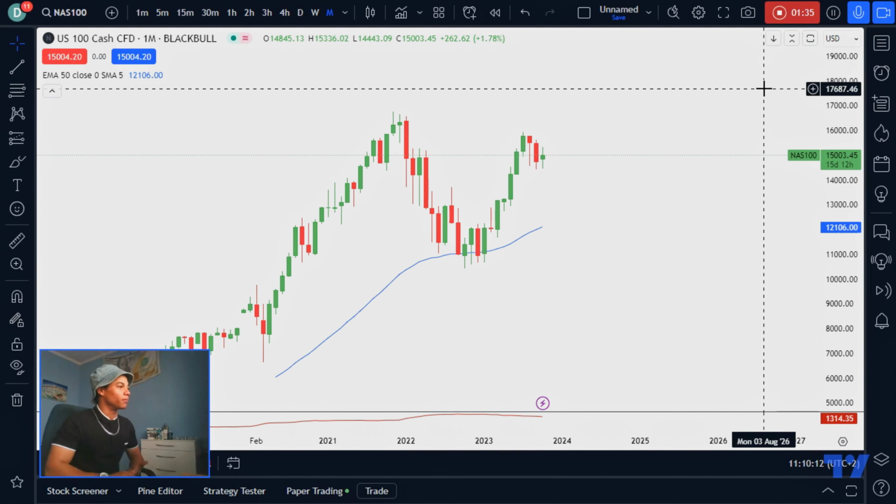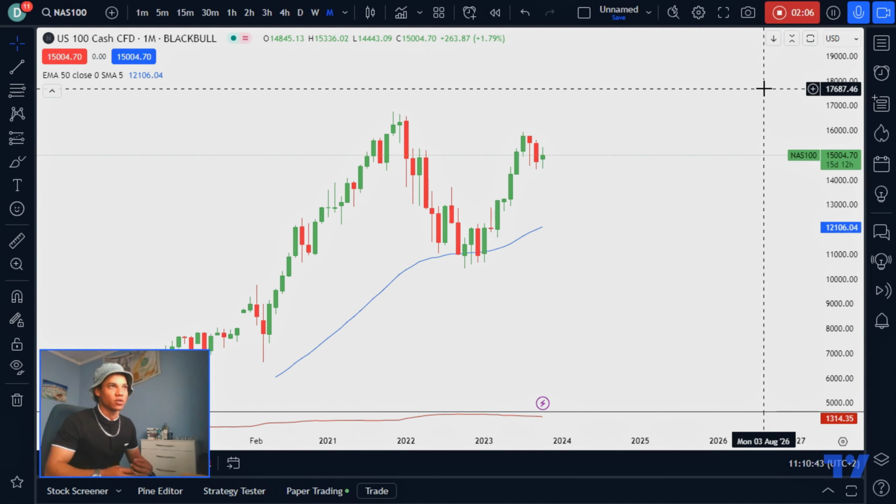So today I'm on the monthly on Nasdaq. The way I start drawing up my zones, I'm kind of testing something new right here. I've been using it for a couple of weeks, and it's been working in my favor. What I do is I look for a giant red candle, and simultaneously I look for a giant green candle.